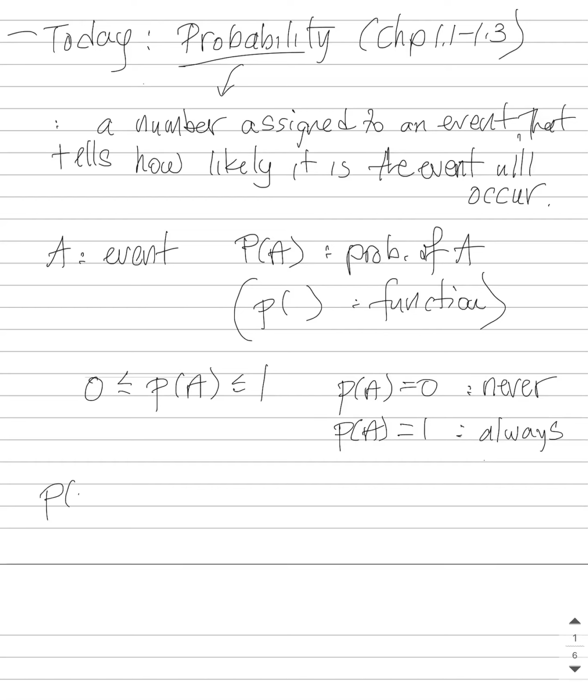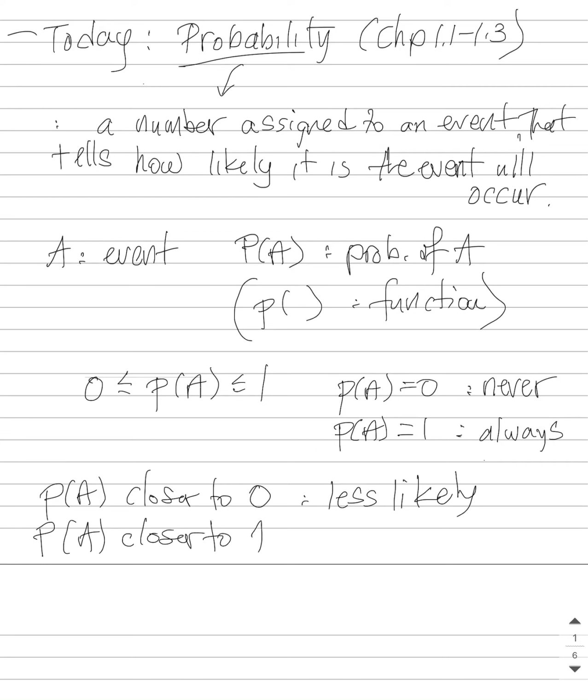If the probability of A is closer to 0, that means it's something that is less likely to occur. If the probability of A is closer to 1, it means it's more likely. And now you say, well, how can an event have a probability that's between 0 and 1? Doesn't the event happen or not happen?